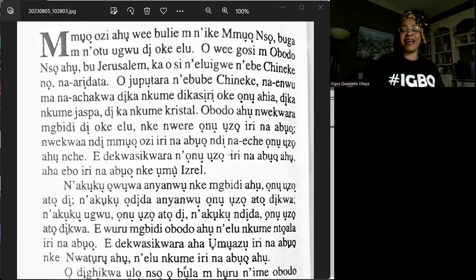So when you say God's kingdom? Huh? So it's God's kingdom? No, ebube Chineke. Kedu onye ma ihe wee ebube Chineke? When you're saying ebube Chineke, it's very close to saying the Holy Spirit, okay?